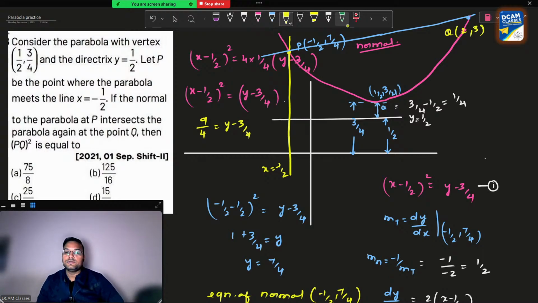The q point is (2, 3). Now once you get q, find pq using the distance formula, and check the answer.